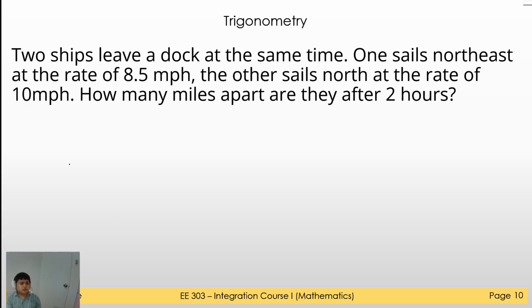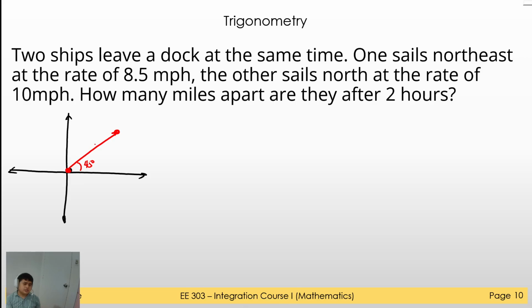So two ships leave a dock. We can imagine here a dock, and a two-axis coordinate system, the Cartesian coordinate system. The first ship leaves the dock northeast, meaning it is at a 45 degree angle.